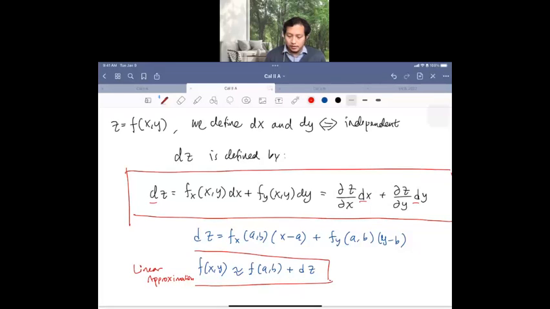So if we have a function and we want to find the differential dz, we need to differentiate the function partially. We take partial x and then partial y and put in all the information that you have. Or just simply, partial x times dx, and partial y times dy, and that's your differential dz.